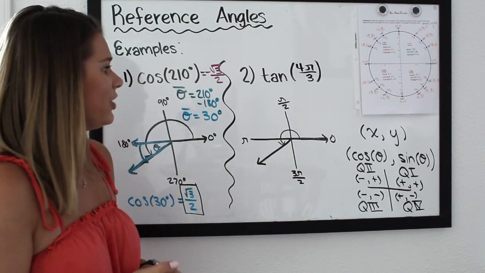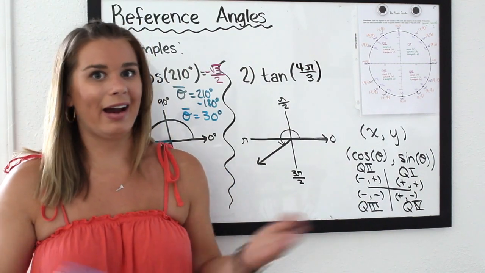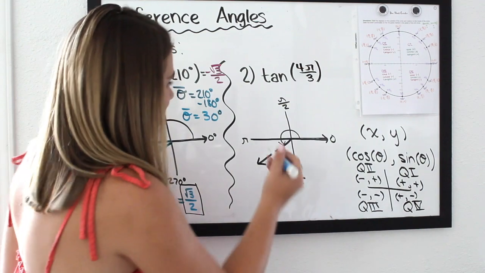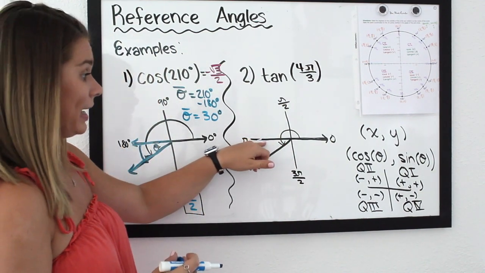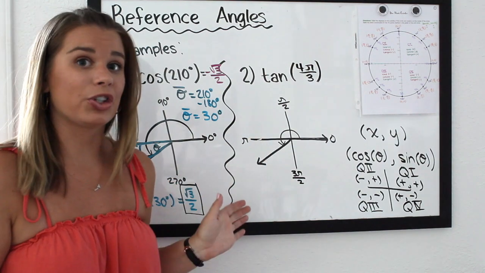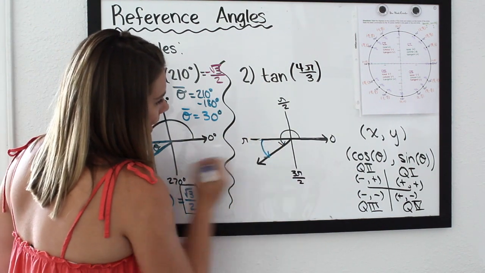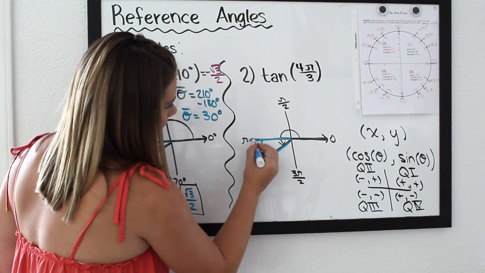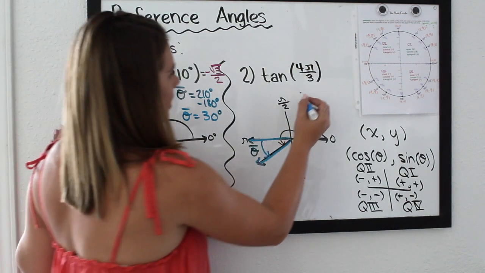But I don't want to use that huge angle. I want to use a reference angle because, once again, I only really know the first quadrant of my unit circle. So I'm going to go from my negative x-axis now, because that's the shorter distance, down to my terminal side. This angle right here is going to be my reference angle. Let's calculate what that is.